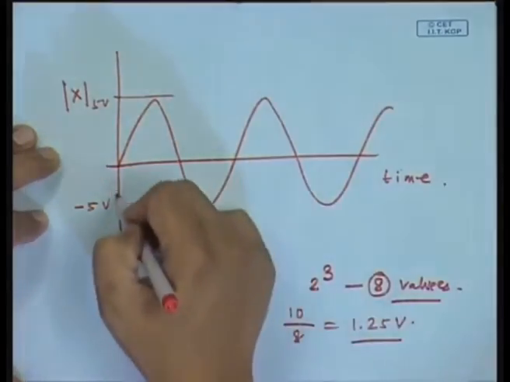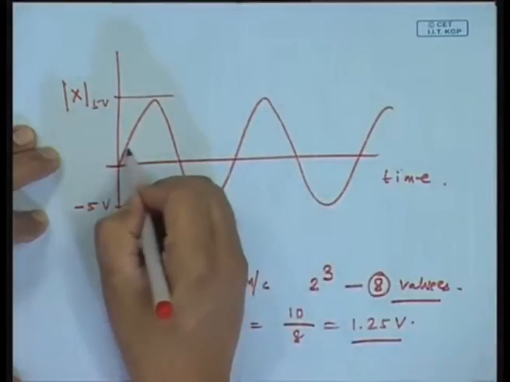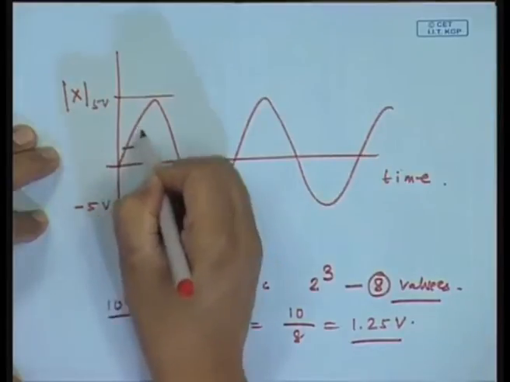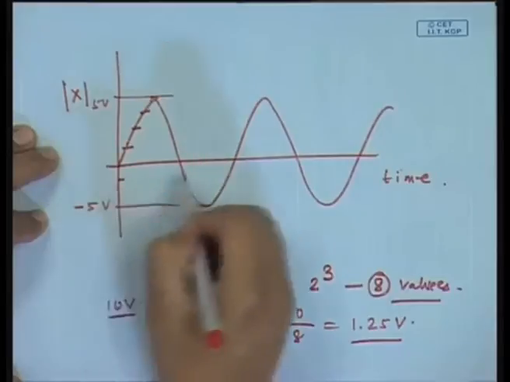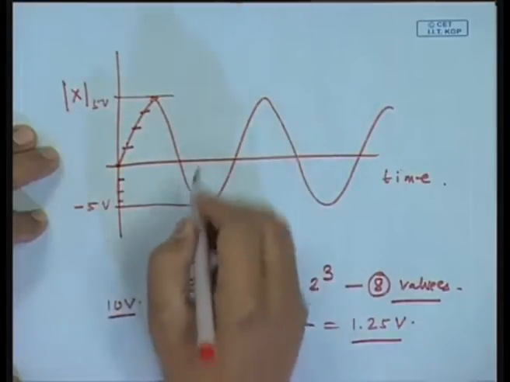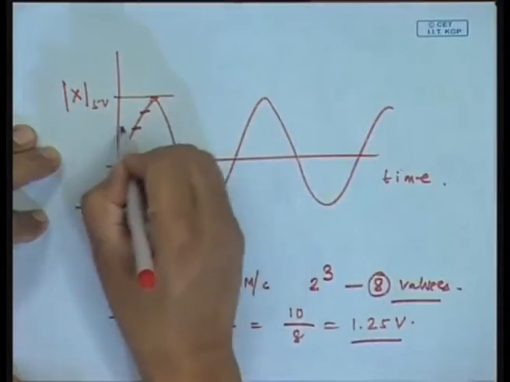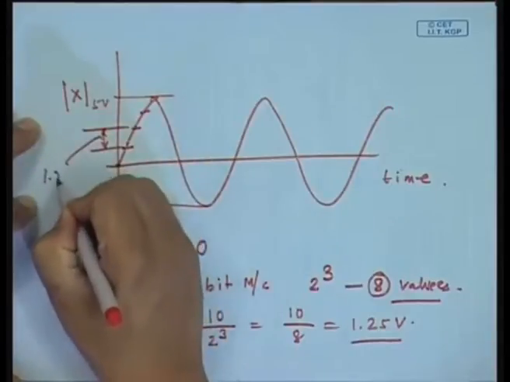That means, if this data is there, maybe I will put 4 values here and so on. It can have a 0 value as well. So, this will only understand a difference of 1.25 volt.